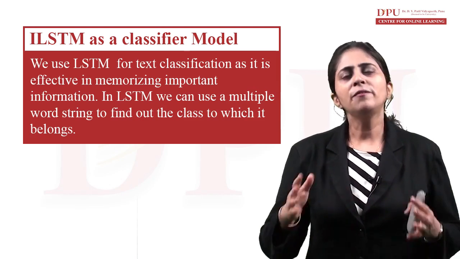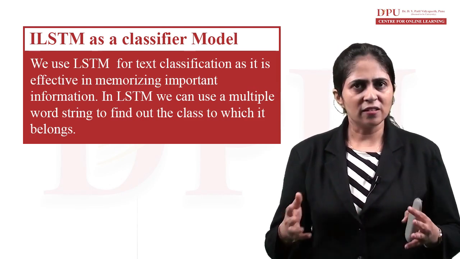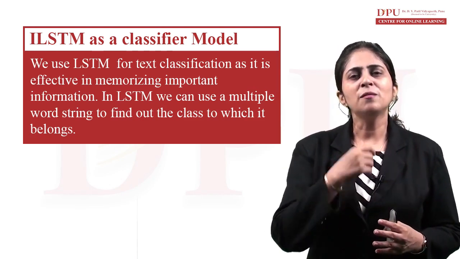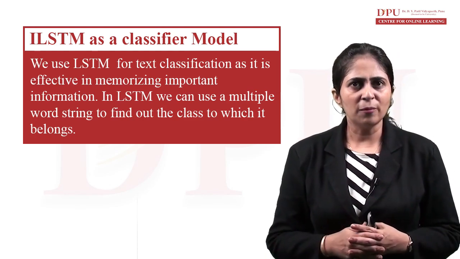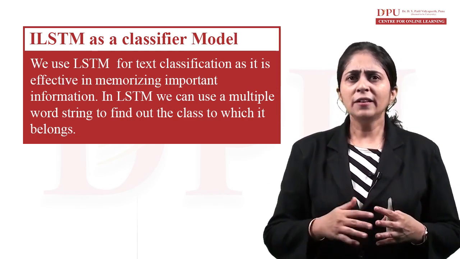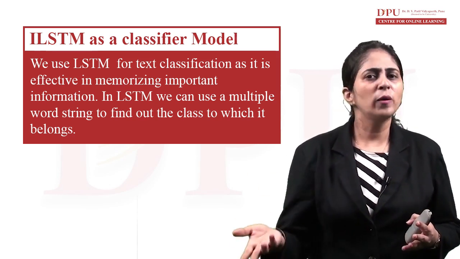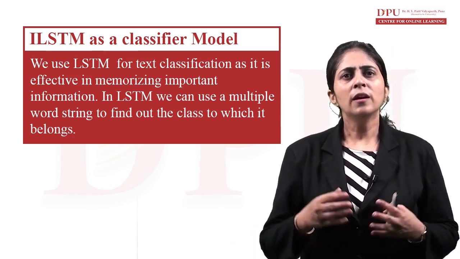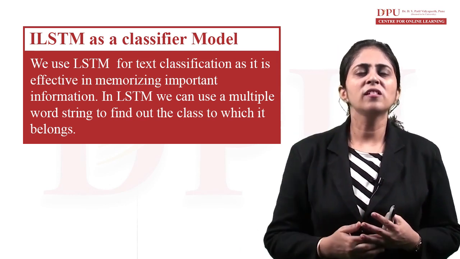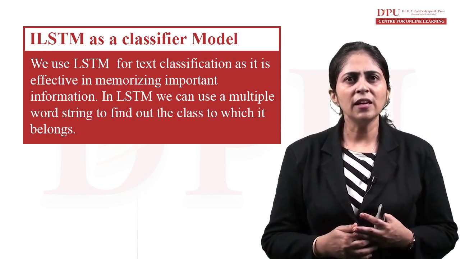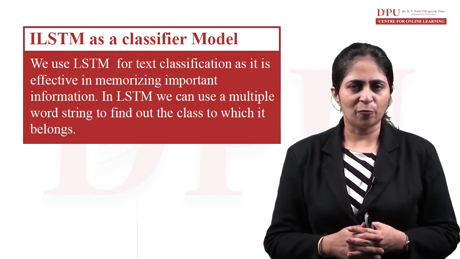That is why we can use LSTM for text classification, because it is memorizing the important information. And we can use a multiple word string to find out the class to which it belongs. When we are doing natural language processing, it becomes very helpful.